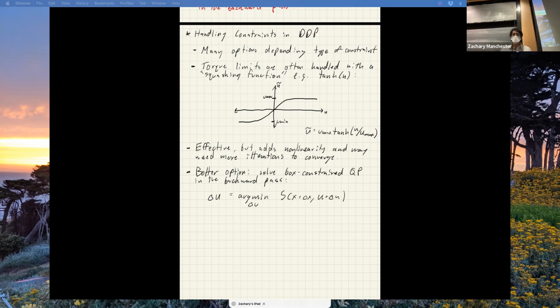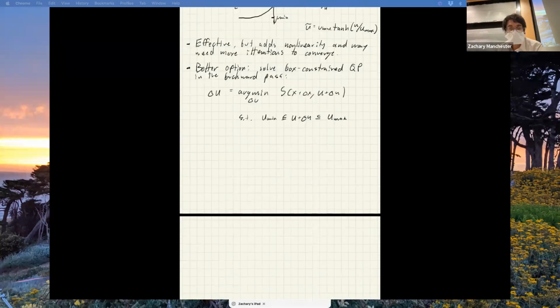And that's what I'm doing right now, right? And it has a closed form solution. I can just tack on these constraints now. This should be U plus delta U in here. Cool. There's some more details there, but that's the basic idea. If you're into that, there's a paper from Emo Todorov's group from like 6 or 7 years ago that does this. Happy to share.